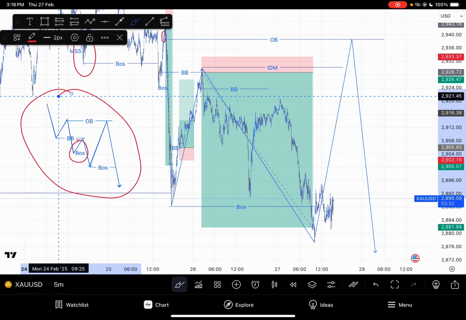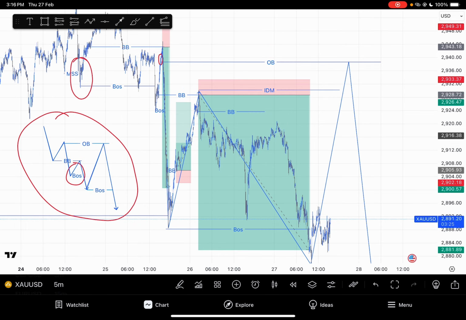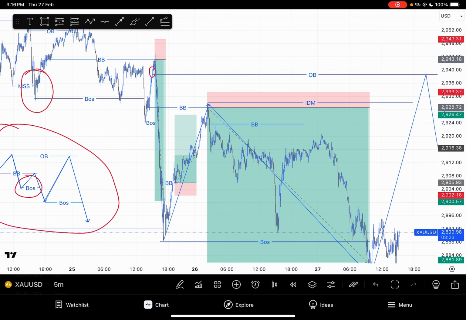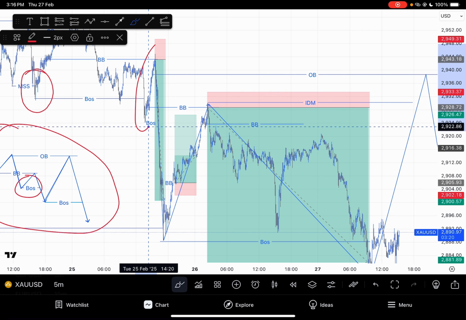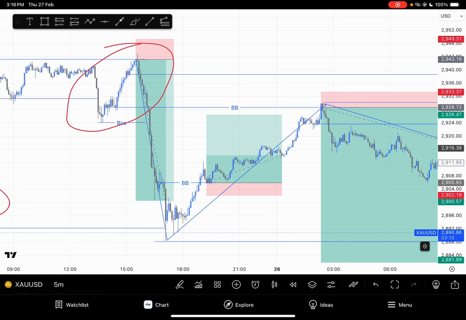Remember, you can only use this pattern if there's an order block or a breaker block after a break of structure, because from this point now, you can see there's an order block and a breaker block just in one particular side. Like on the left side, there's an order block and a breaker block in one particular side.